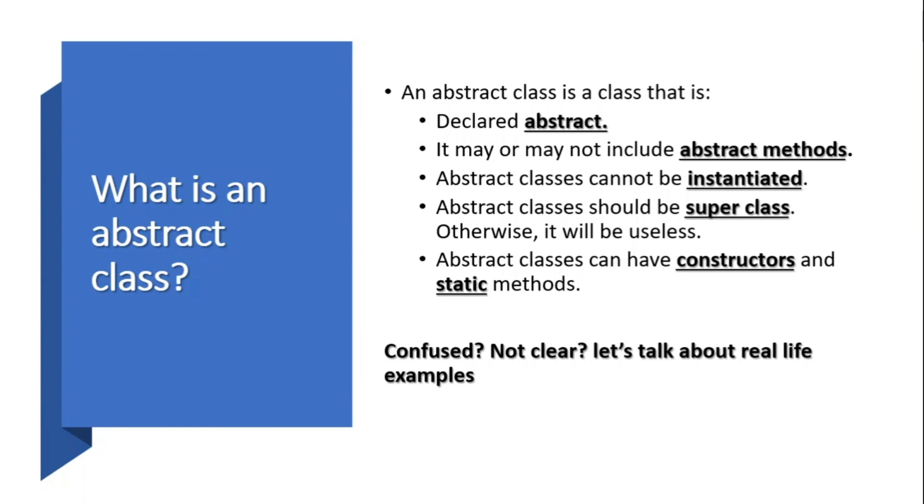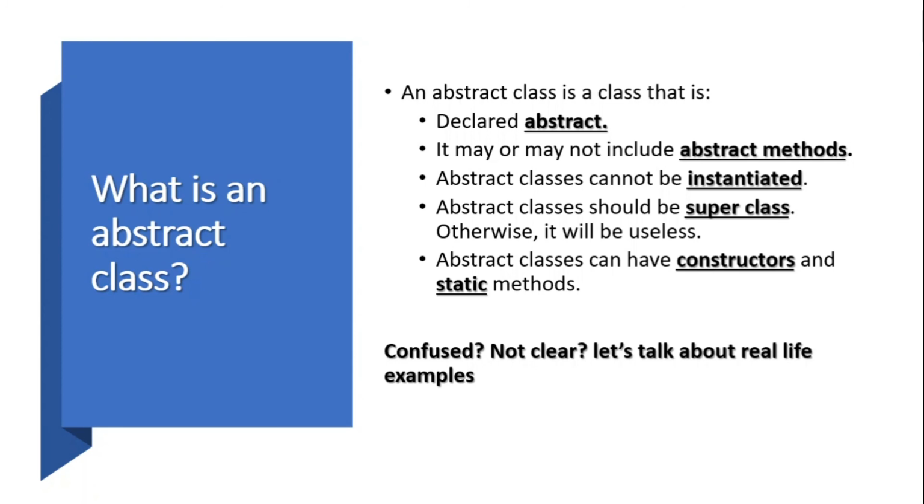You decide if you want to have an abstract class or not by using the keyword abstract. So you can have an abstract class that doesn't have any abstract methods. But the moment you define an abstract method inside a class, that class should be considered an abstract class, and you must use the abstract keyword. So this is rule number two.